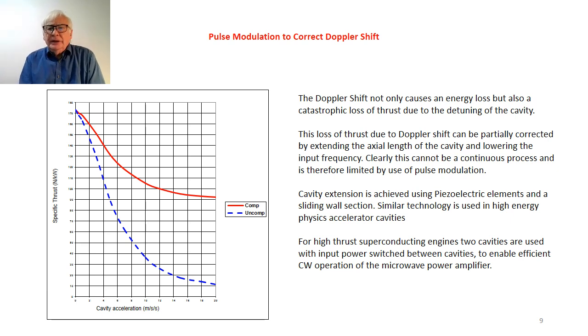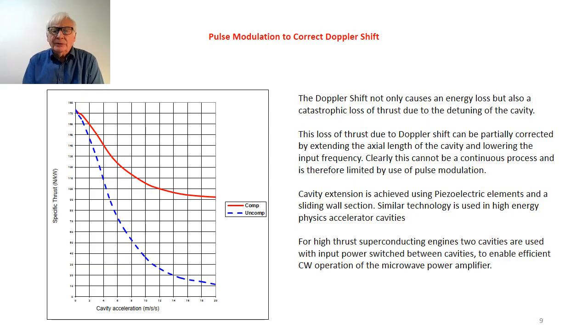Clearly, this can't be a continuous process. If it was, then we'd end up with an infinite cavity length and a zero input frequency. So what we do is it over a short pulse.